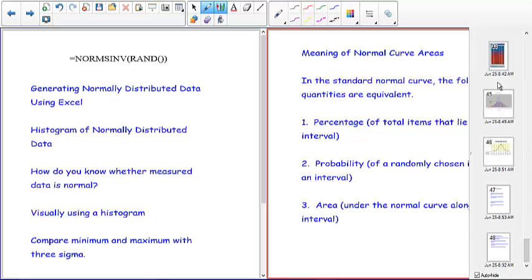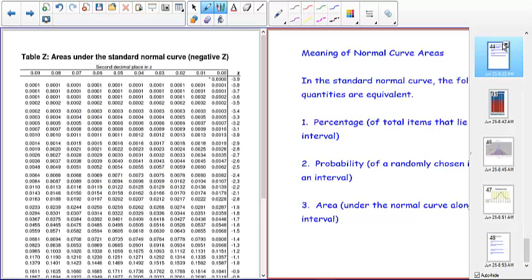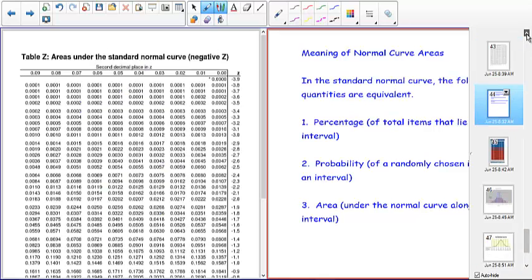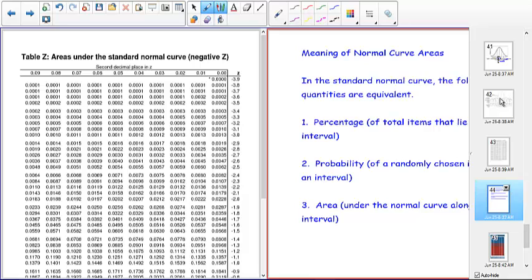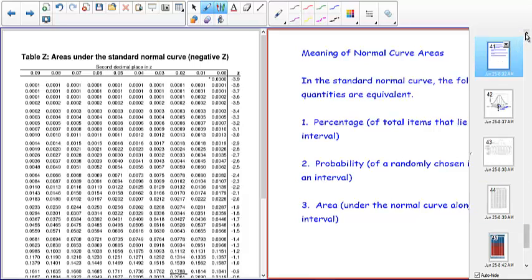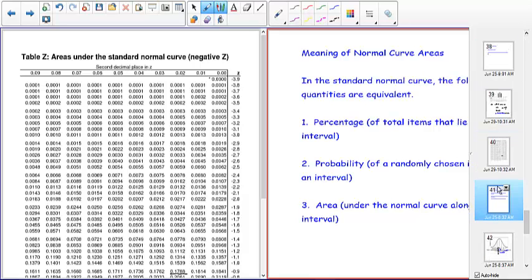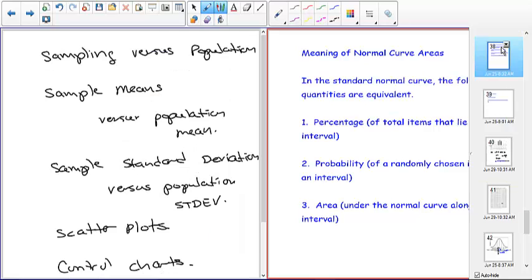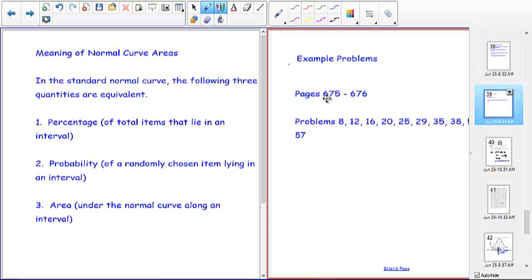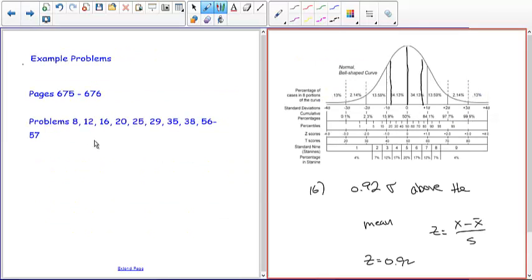So I think it's here. There we go. Okay, so those are the example problems I'm going to do.